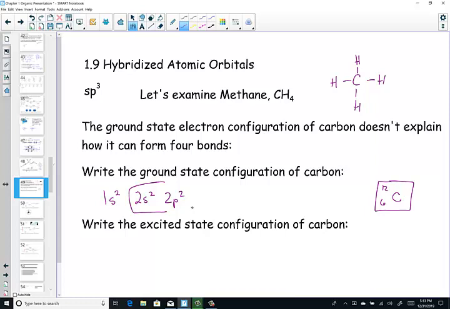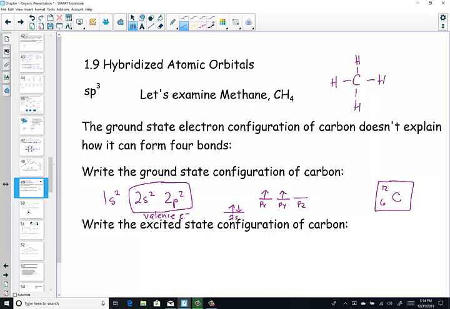Knowing that these are the valence electrons, those that are interesting to the chemist, I have 2 electrons in the s of the second energy level and 2 more electrons in the p sublevel, leaving 1 completely empty.